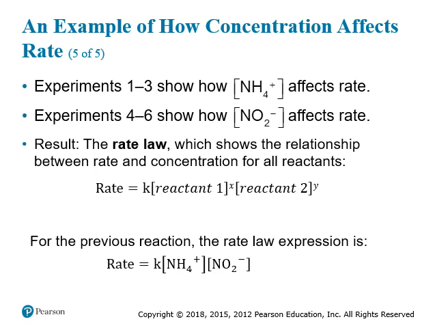So, since we determined the order of reaction with respect to both ammonium and nitrite to be 1, or first order, the rate law expression is given by the following equation.